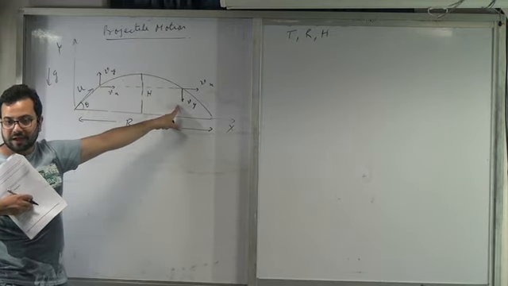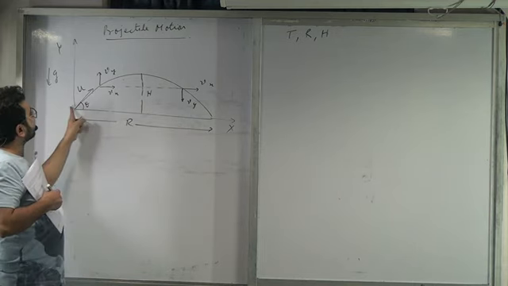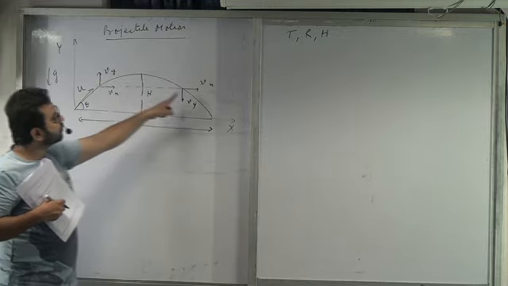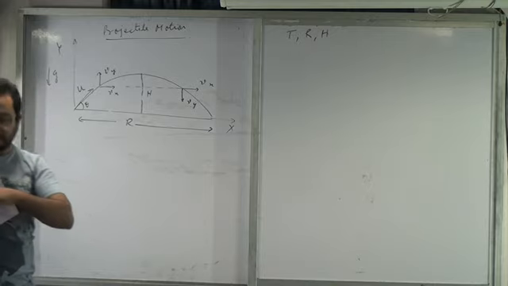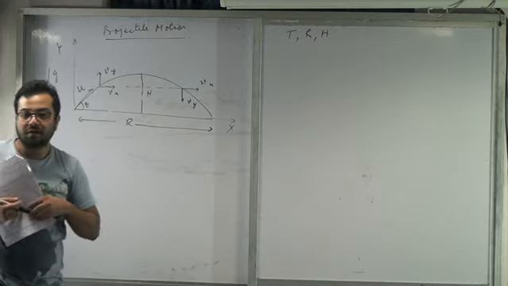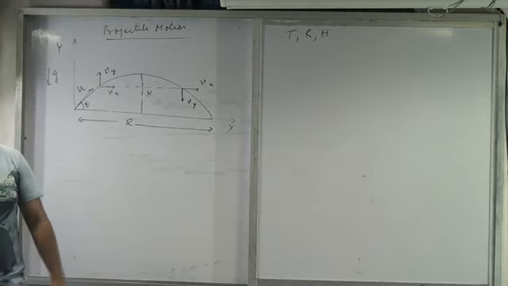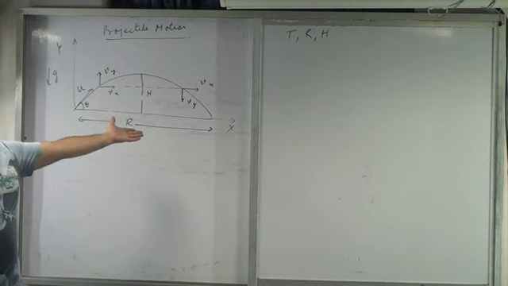I can say that on the basis of symmetry. The time taken to go from here to here will be the same as the time taken coming from here to here. So the symmetry in motion will be valid in this case also. Is that clear?